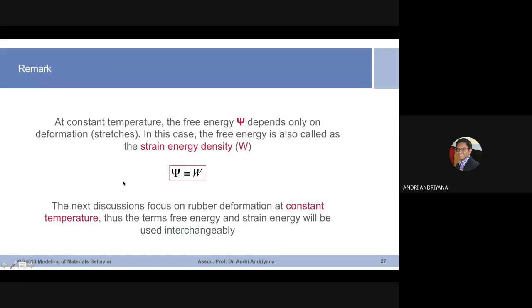In this case, the free energy is also called the strain energy density, so psi is equal to W. In the next discussions, we focus on rubber deformation at constant temperature. Thus, the terms free energy and strain energy will be used interchangeably. Either I say psi or W, it will refer to the same thing in the following.